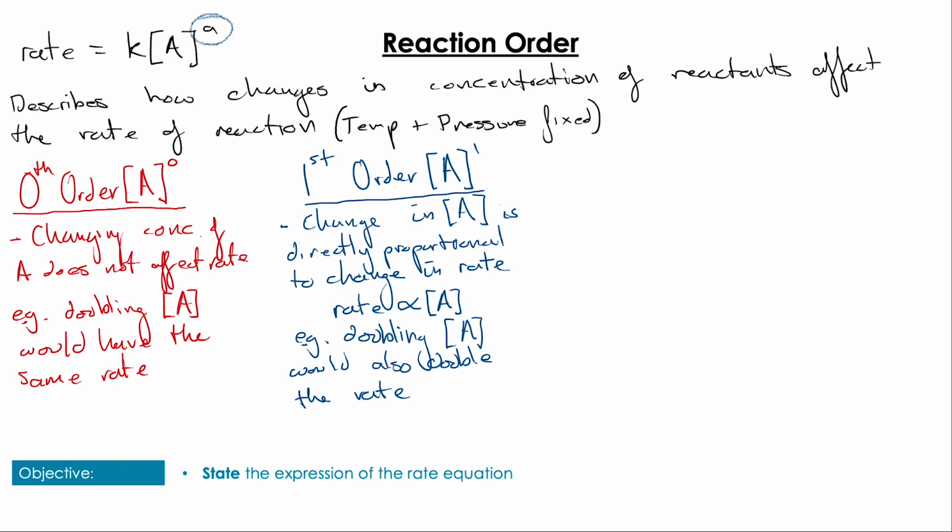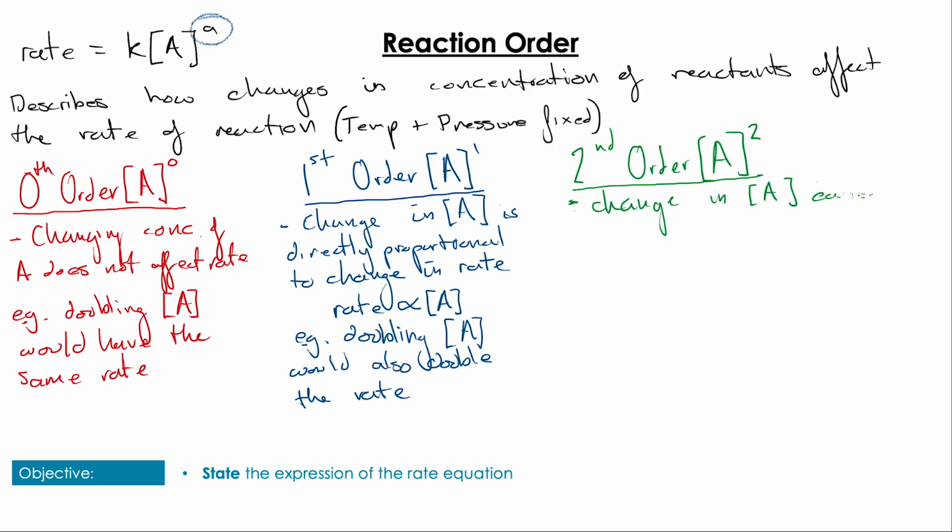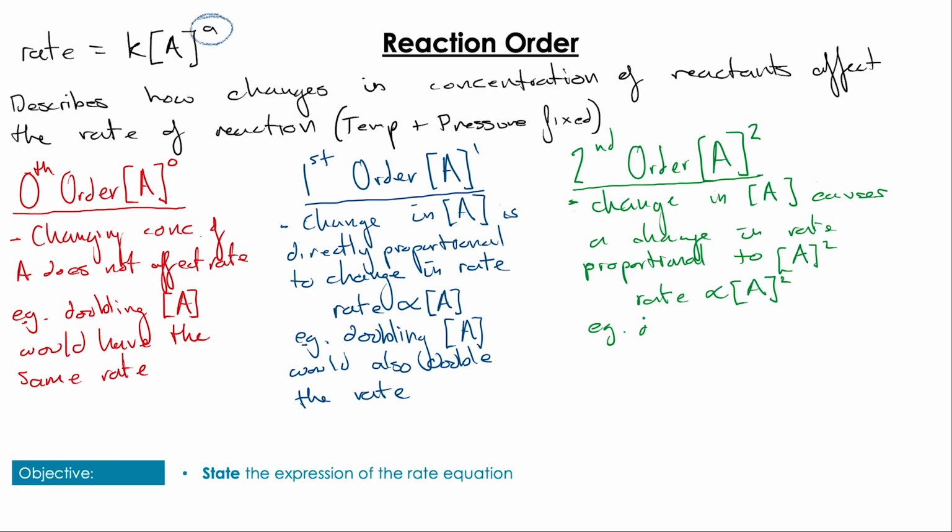And when it comes to 2nd order reactants, you guessed it, that's A to the power 2, any change that we make in the concentration of A is going to lead to a change in rate that is equal to that change squared. So we could say the rate is proportional to A squared. For example, if we double A, then we would quadruple the rate of reaction.